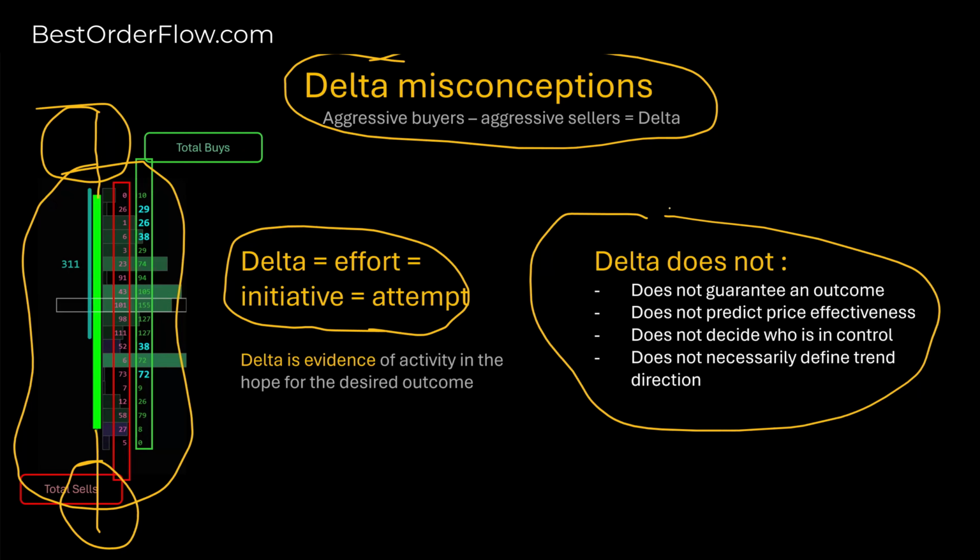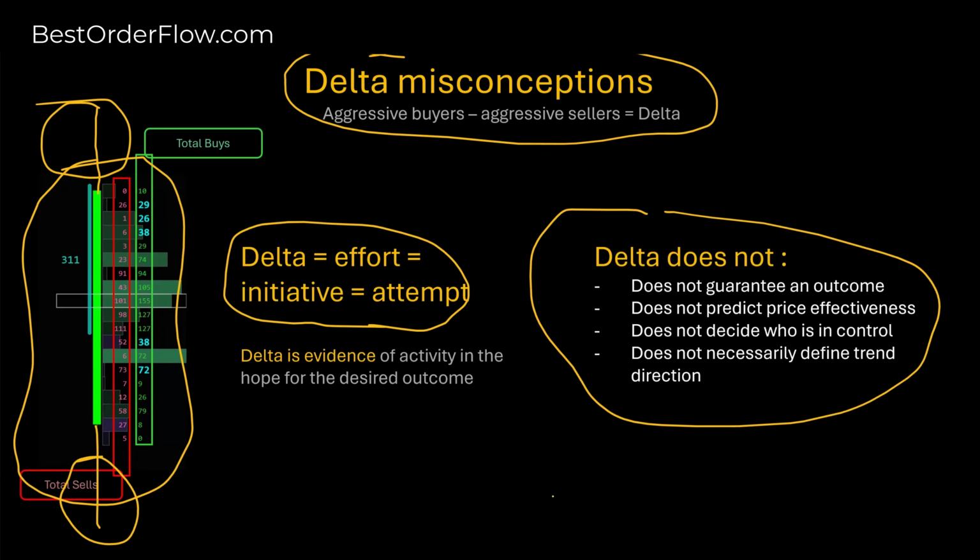Delta does not decide who is in control, and unless you're sitting on a 1 hour chart, it does not necessarily define the trend direction either. So those are misconceptions. And if somebody has a blonde kind of mentality, looking at it, delta is now positive, I'm changing direction of my trades, be a little bit more sophisticated than that.